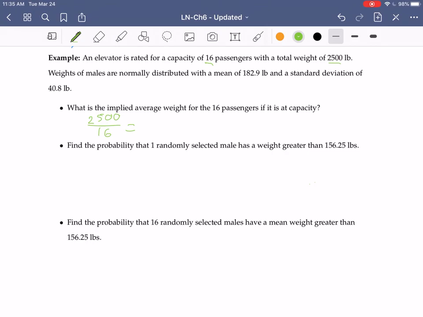So the average weight of each of the individuals would be 156.25 pounds. That would be the implied average weight if it is at capacity.